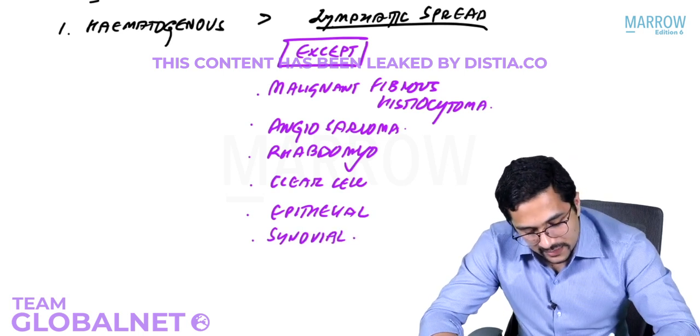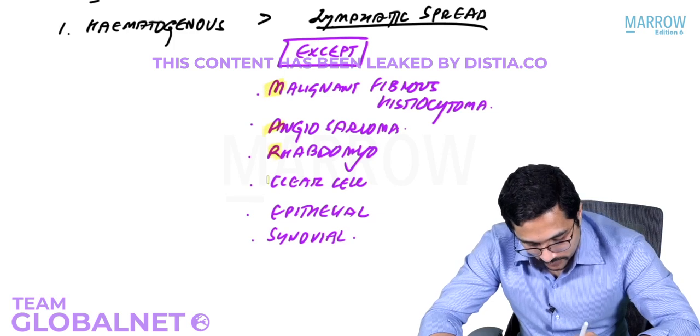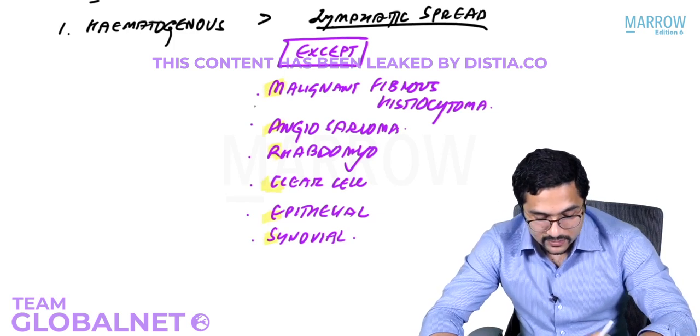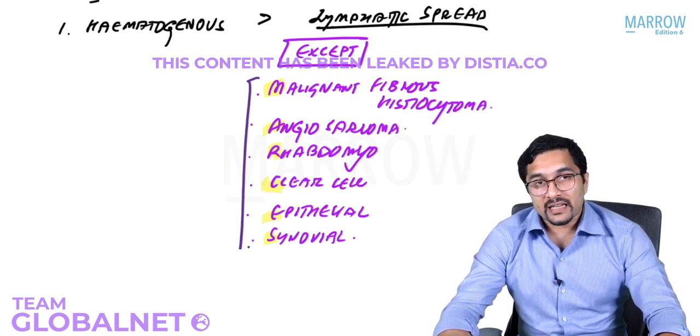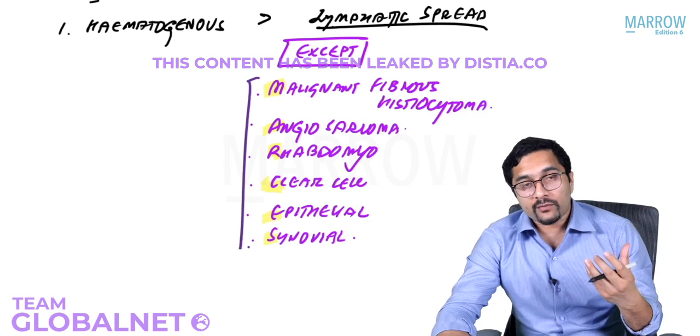These you can remember as MARSES, the mnemonic is MARSES, and these soft tissue tumors tend to spread by the lymphatic route as well. And in these patients, we need to remove the lymph nodes.